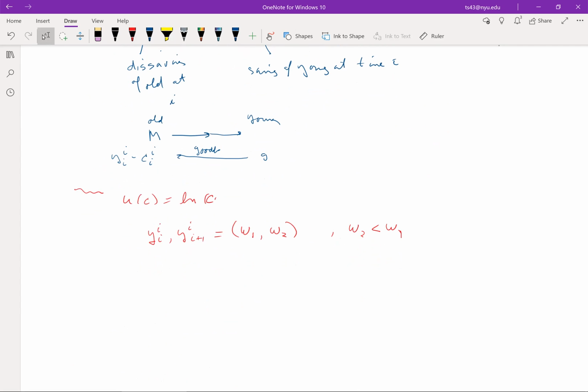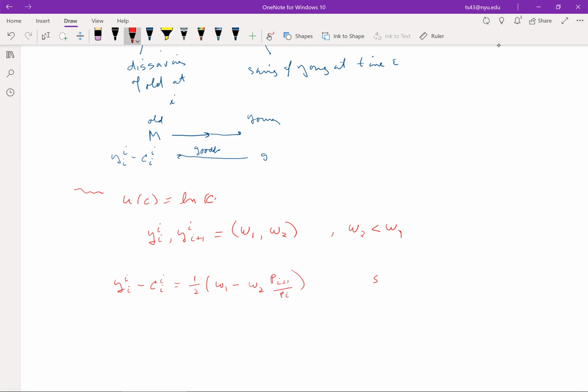Okay. So the way the saving function is going to go, if you calculate the optimal saving function, it's beautiful. It looks like one half of W1 minus W2 times P_{t+1} over P_t.